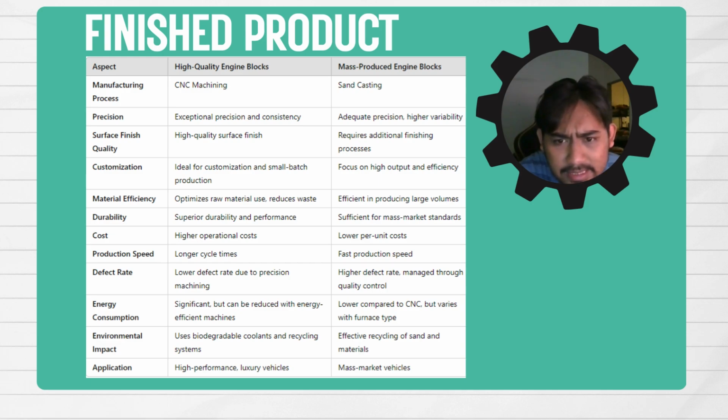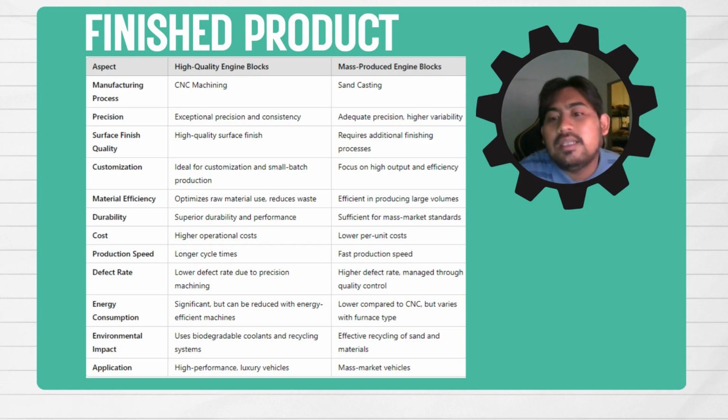For energy, CNC machining is significant but can be reduced with energy efficient machines. Sand casting is lower compared to CNC but varies with furnace type. The type of furnace we use will affect our energy consumption.